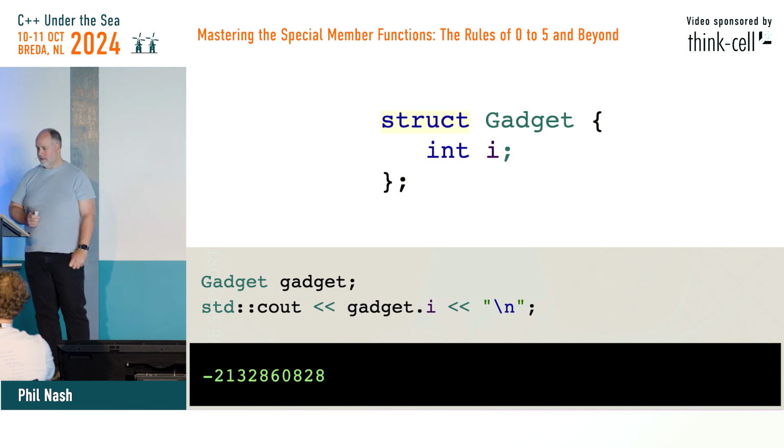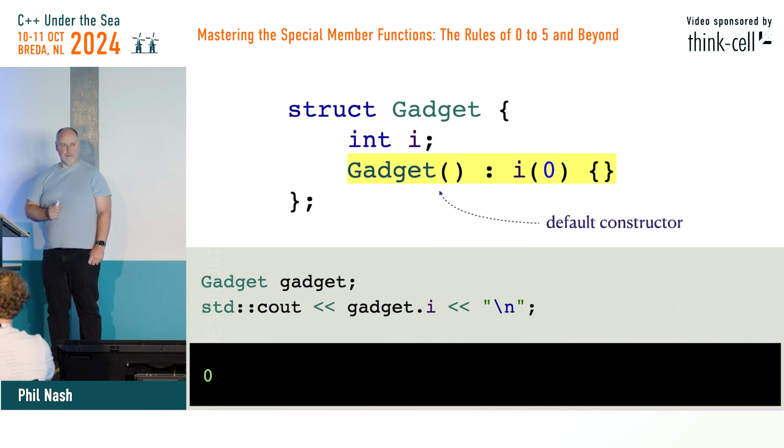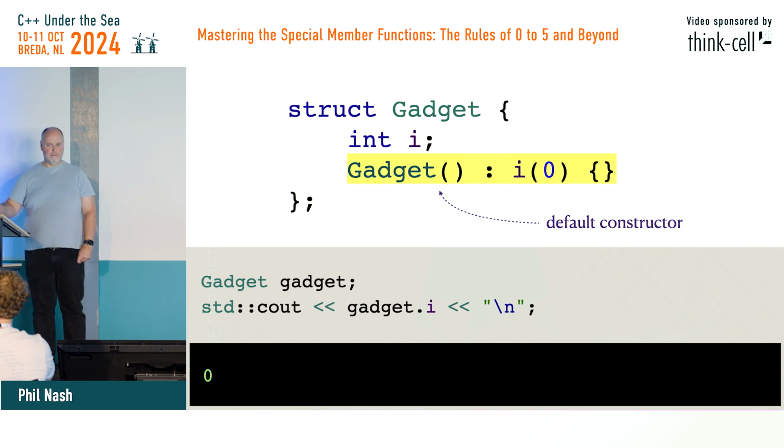So same thing. All right, to initialize that integer, we could go the classic route, and we could introduce a default constructor, which explicitly initializes it to 0. And that's fine, and that works. Now the output is 0, as we can see. Again, no surprises so far.